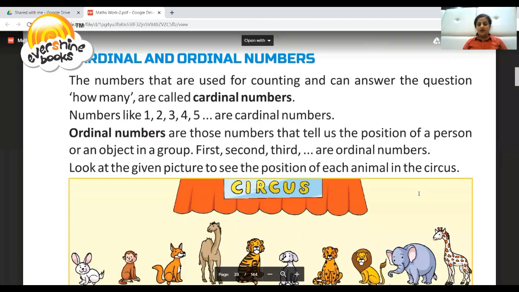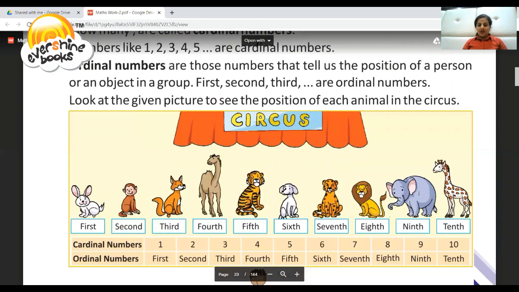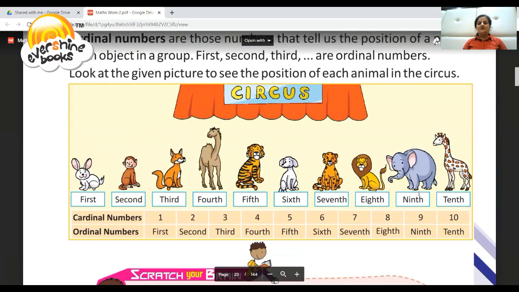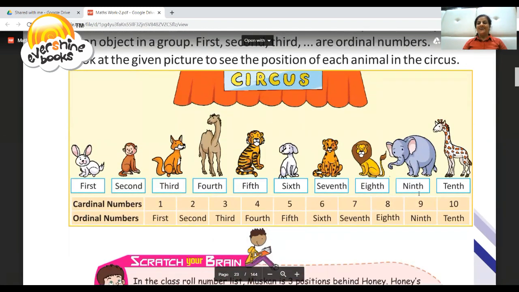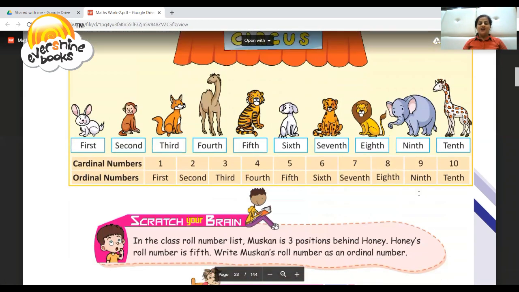So here a very interesting picture is given. In that circus picture, numbers 1, 2, 3, 4, 5, 6, 7, 8, 9, 10 are given. They are called cardinal numbers, and in the position they are standing, the rabbit is standing at first place.